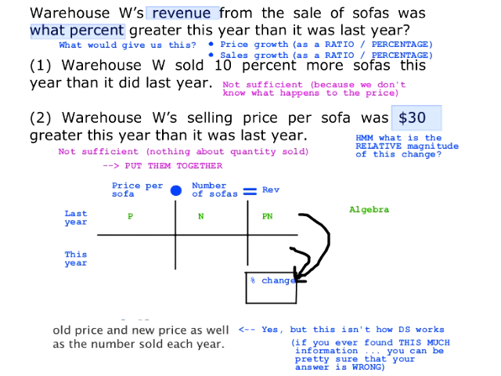So then according to these statements, what is the new price per sofa? The new price per sofa is P plus $30. The 1.1 is what happens to the number of sofas, so that is going to be here.